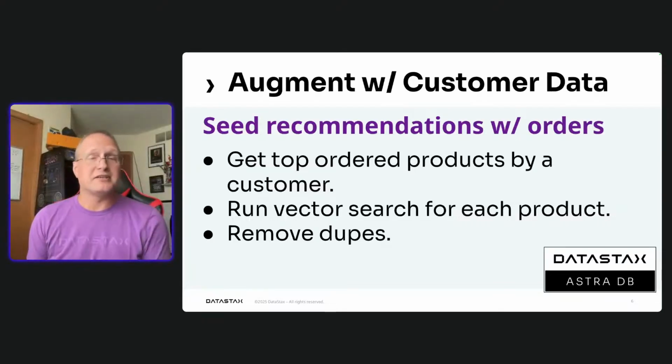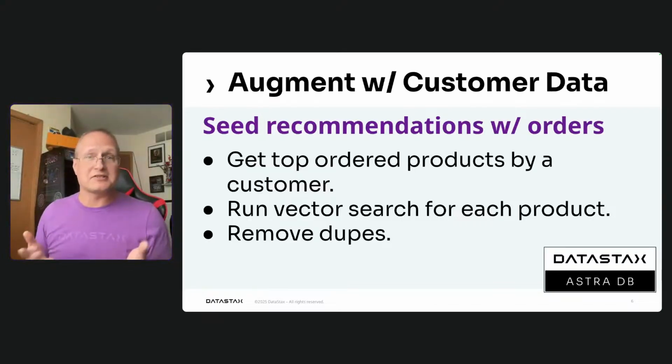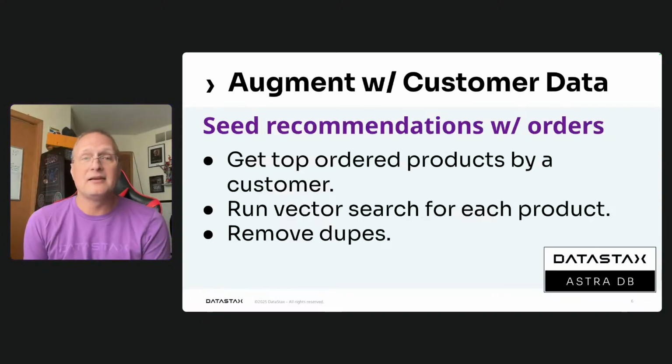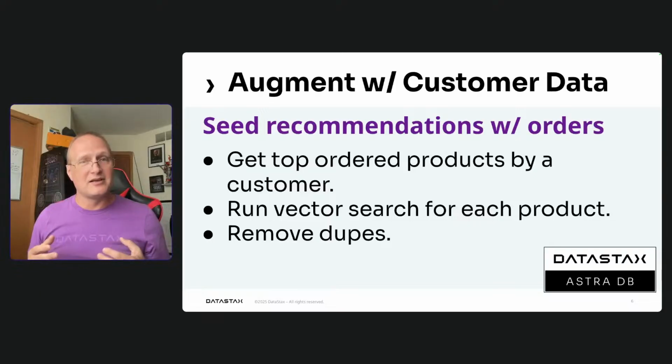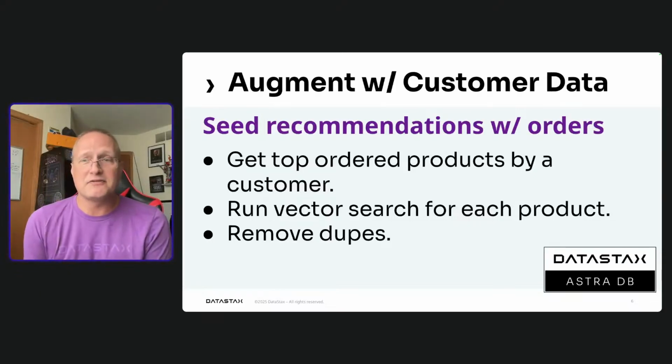So one idea is to aggregate some of your customers' order data and try to find their most ordered or most viewed products and drive recommendations off of that instead. That's a way where you can get a little bit more focused recommendations. And I do have a method that I've written and put into play that I can show you how that works too.